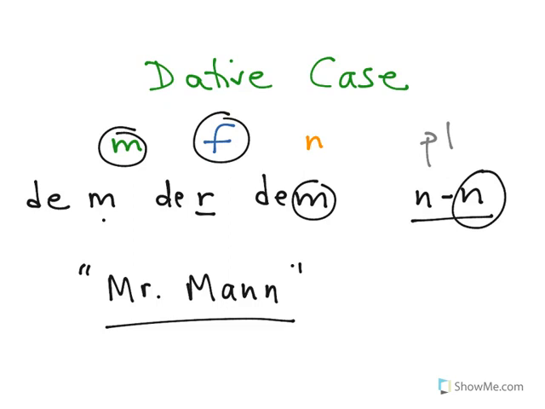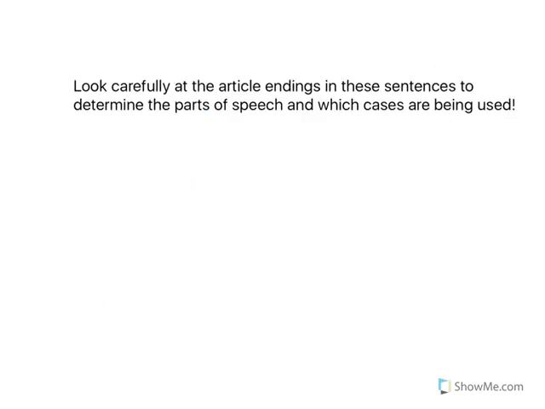When you have a plural noun in German, you add an N to the noun as well. So these are the article endings for nouns when you are trying to indicate that they are the indirect object, and so need to use the dative case. To someone or for someone.